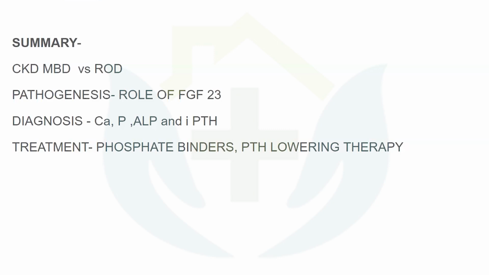So, in diagnosis, the four major lab tests which we have to use and follow up are calcium, phosphorus levels, alkaline phosphatase levels, and intact parathyroid hormone levels. The trends of these lab parameters help us in guiding treatment.